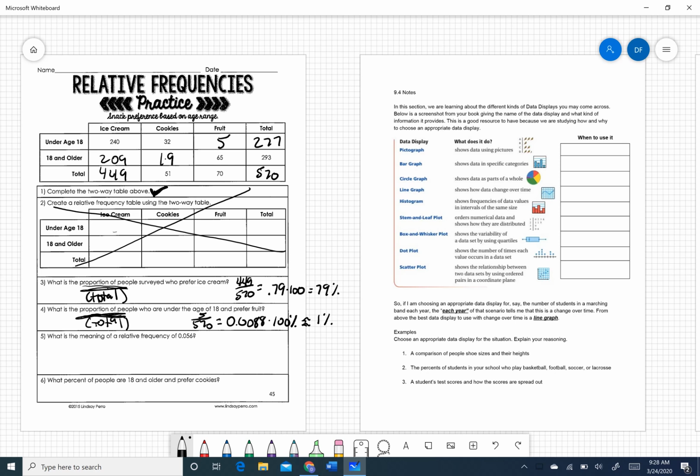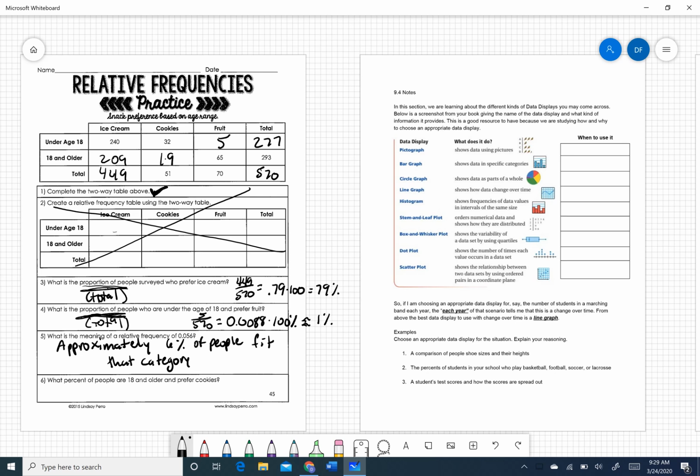Now we want to know the meaning of the relative frequency 0.056. What we can say is that approximately 6% of people fit that category. So we'll go ahead and write that in: approximately 6% of people fit that category, whatever the category might be.